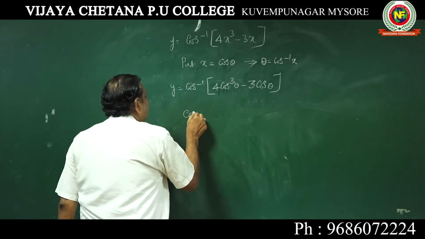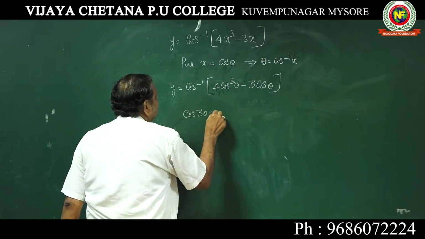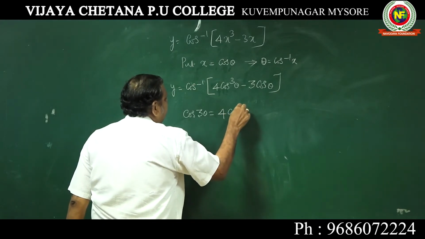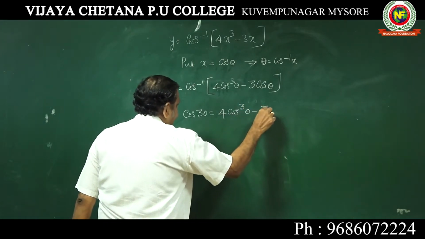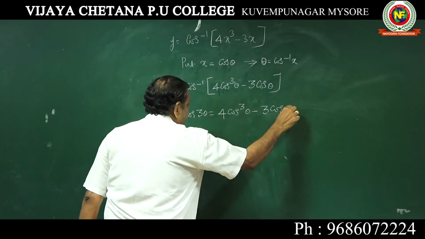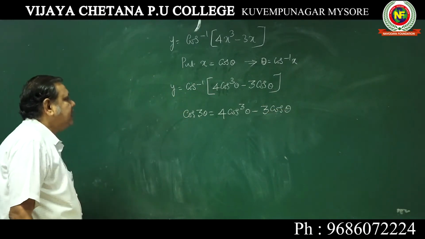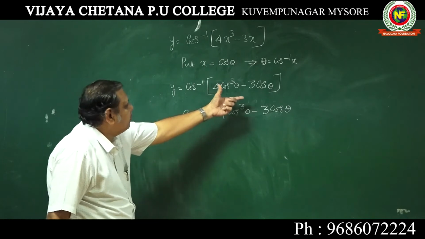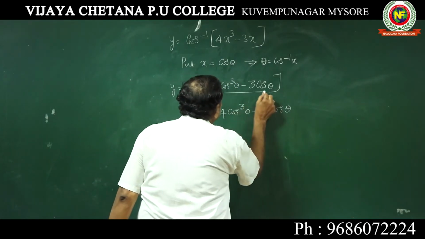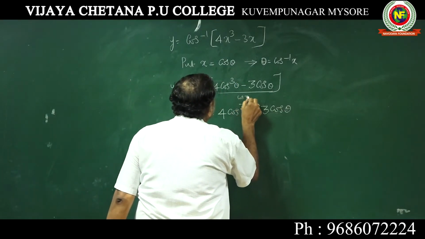Now there is a formula: cos 3 theta is equal to 4 cos cube theta minus 3 cos theta. So the whole thing you can substitute as cos 3 theta.